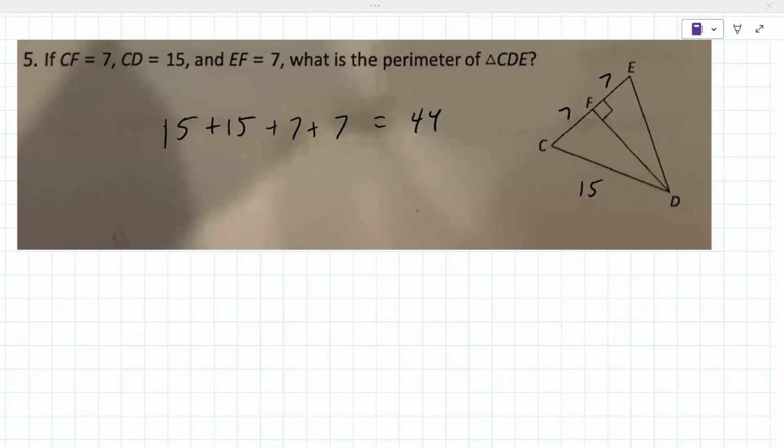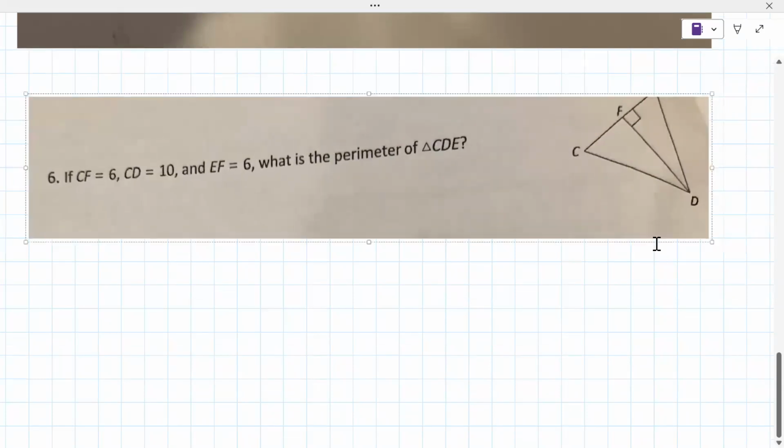Okay. Why don't you try the next one on your own? Here, I'll snip it in. Why don't you just see if you can come up with the final answer? 32. 32, you said?